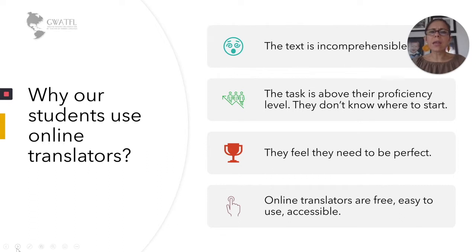Our students feel like they need to be perfect, that there cannot be errors in the conjugations or in some spelling, and that is so into their head that they feel sometimes that they need to use the online translator to make it perfect. And finally, online translators are everywhere and they're free, and it's sometimes just like a click and voila, everything is translated. So we have a big white elephant.